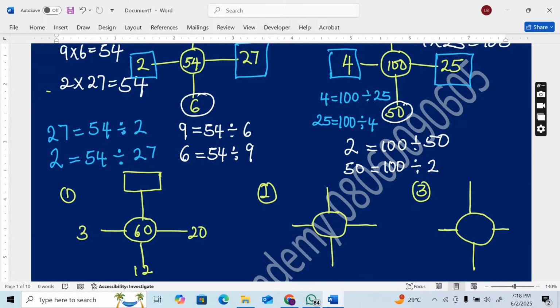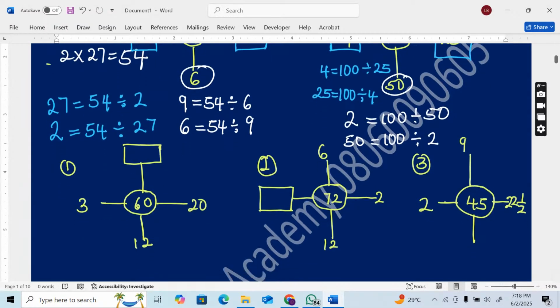In each of the following, we have to fill the missing number. Be as fast as possible.